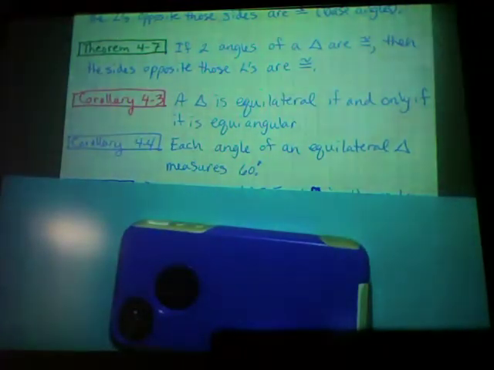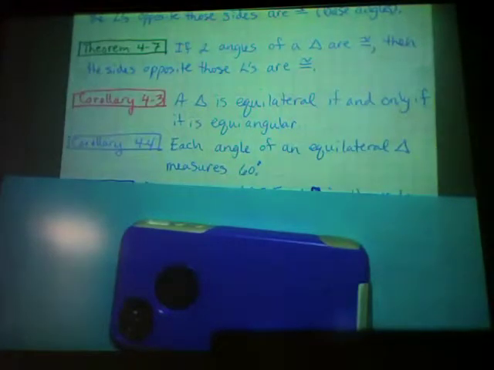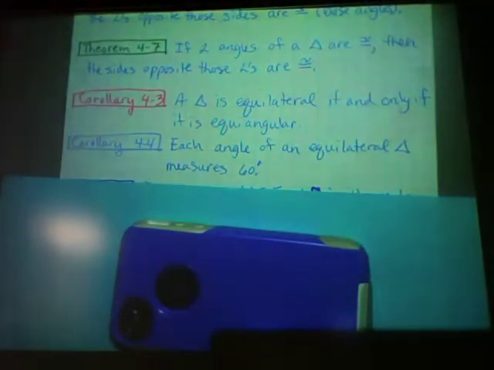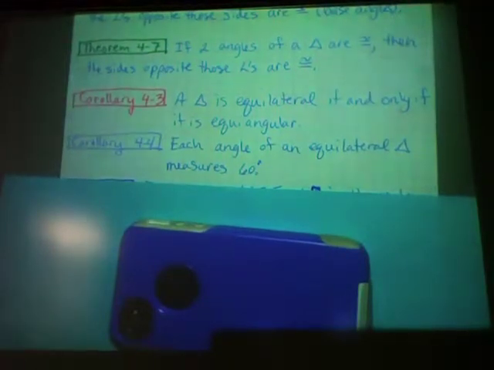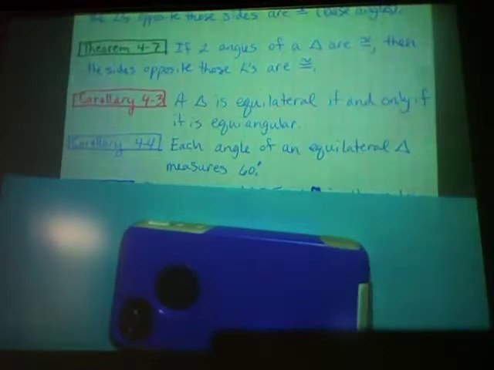All right, corollary 4.4. Each angle of an equilateral triangle measures 60 degrees. So this is something we already knew, but they're putting it in an official corollary so you can use it in a proof. Corollaries are just statements of fact.